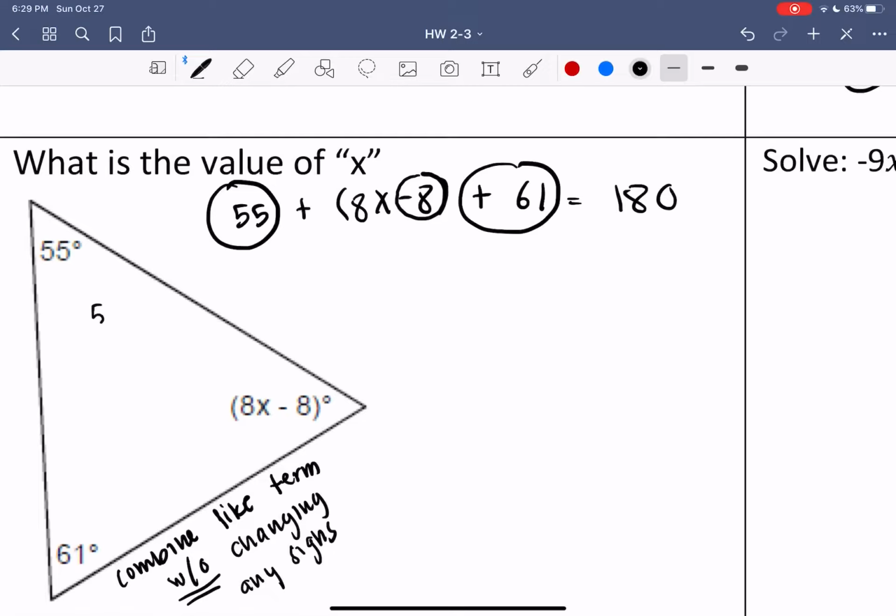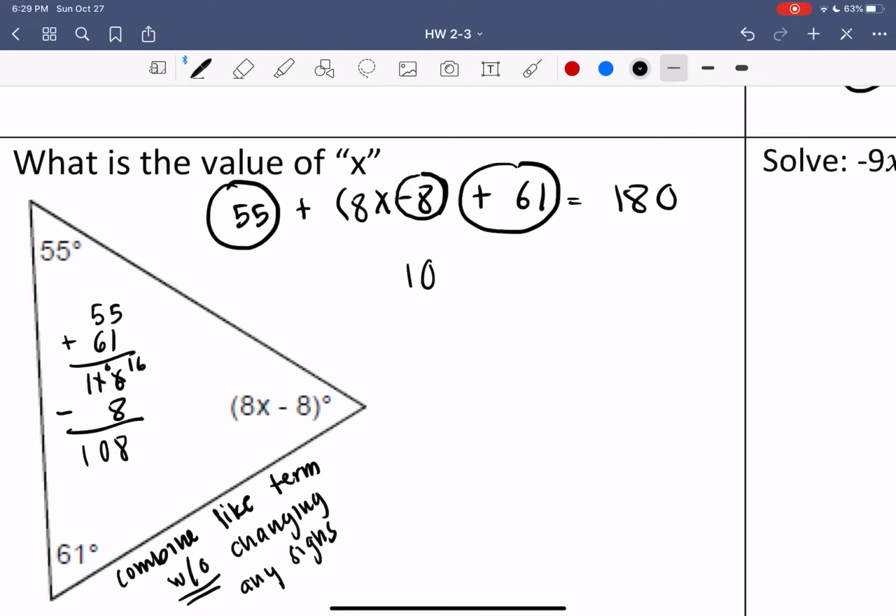So when we add these up, 55 plus 61, 5 and 6 is 11. So then we're going to have to subtract 8 because we can't change its sign. So 16 minus 8 is 8, 0, 108.